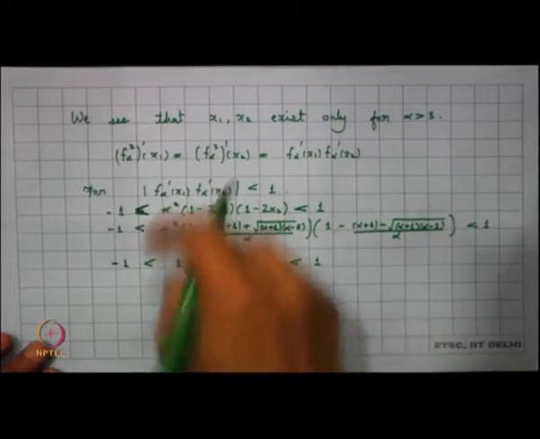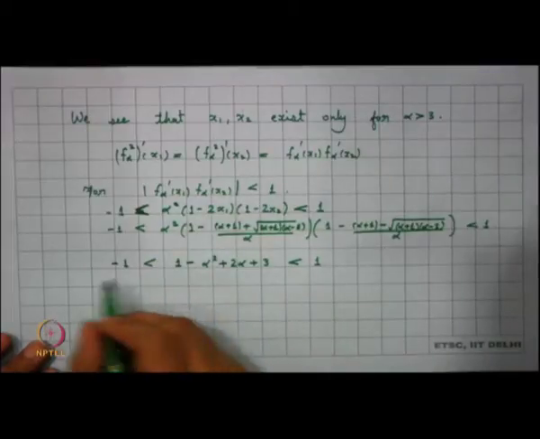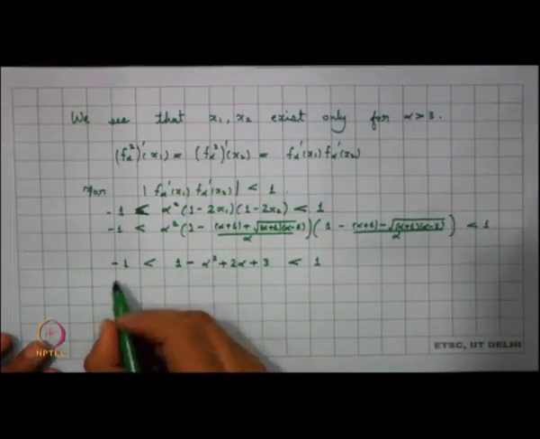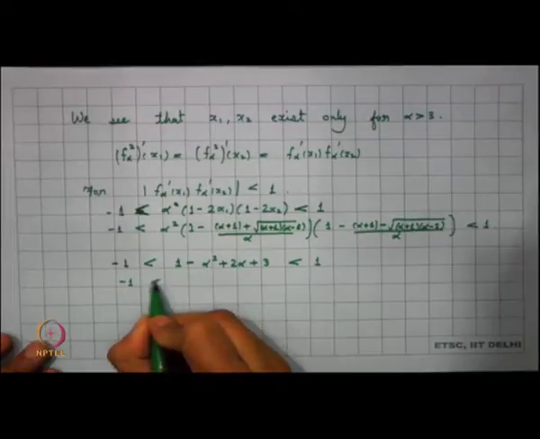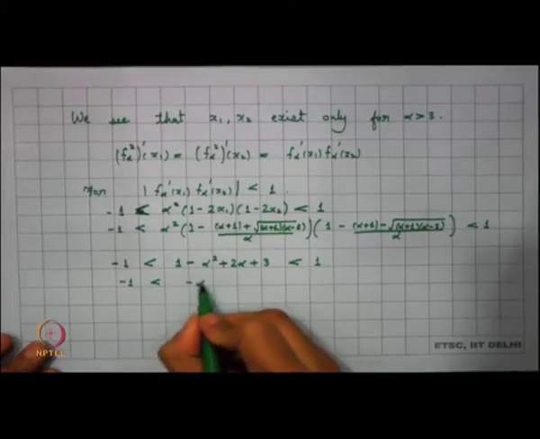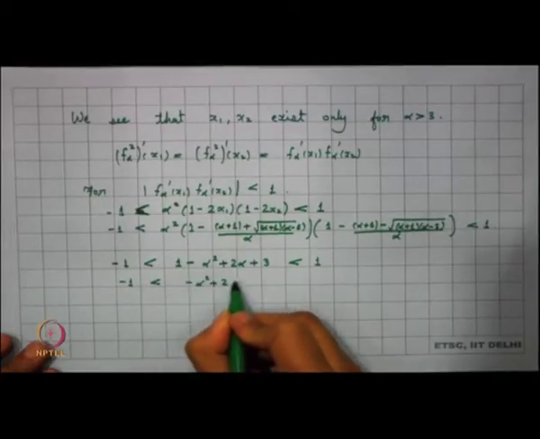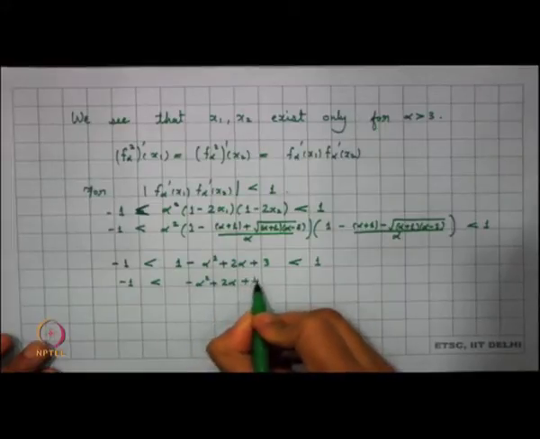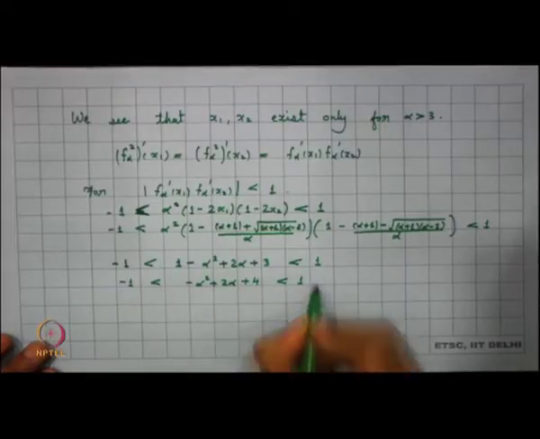Simplifying once again, minus 1 should be less than minus alpha square plus 2 alpha plus 4, and that is less than 1.